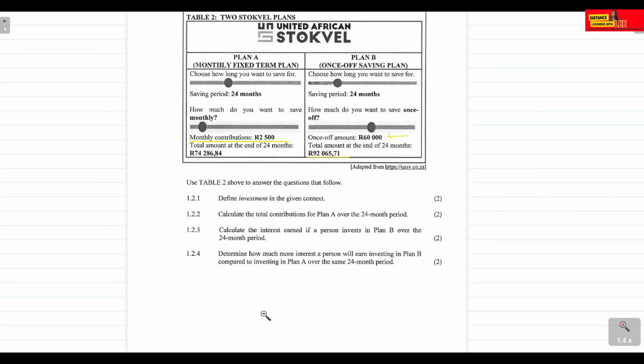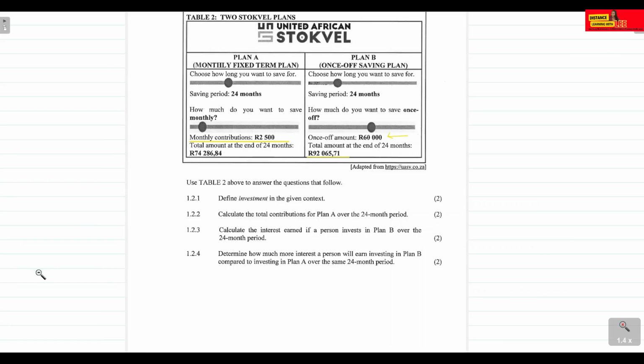So let's first get the interest that would be earned if you decided to invest with Plan A. Remember, with Plan A we saw that if you deposit 2,500 every month for 24 months, you would have deposited 60,000 rand in total.